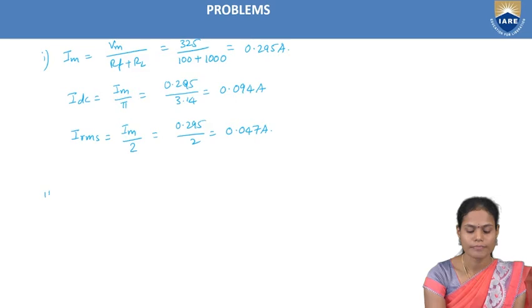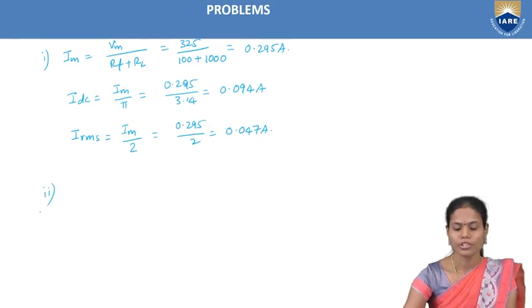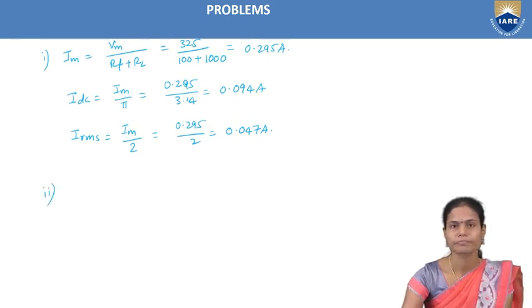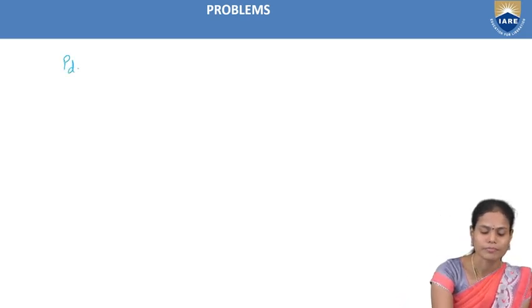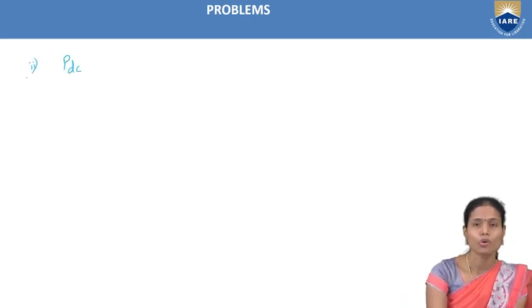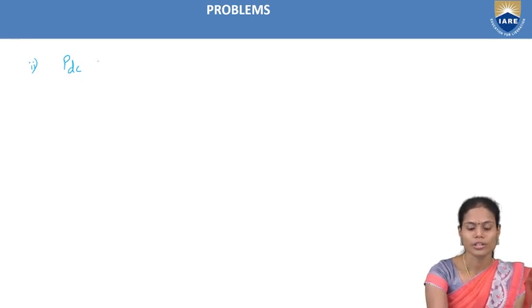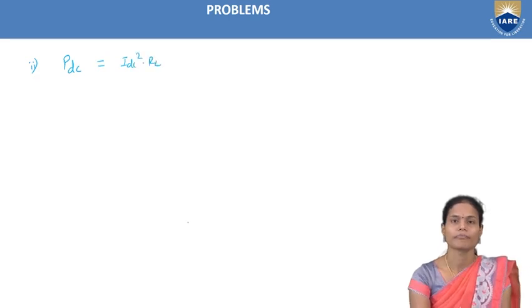And the next parameter we need to calculate is PDC, the DC power delivered to the load. We can calculate that from IDC square into RL.